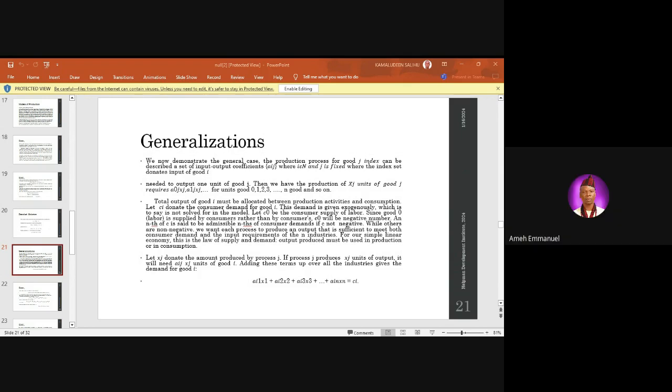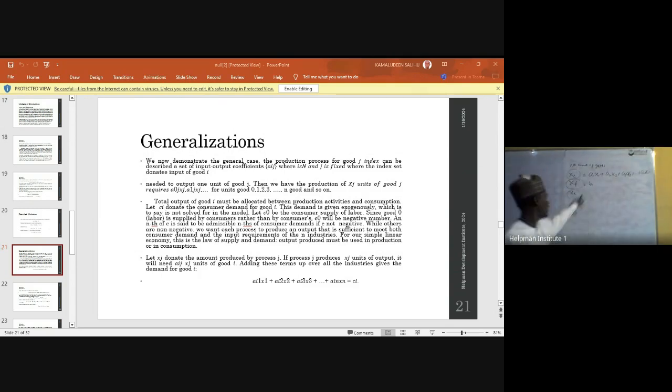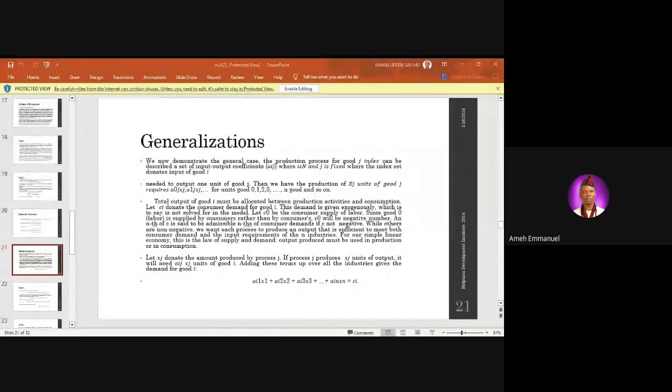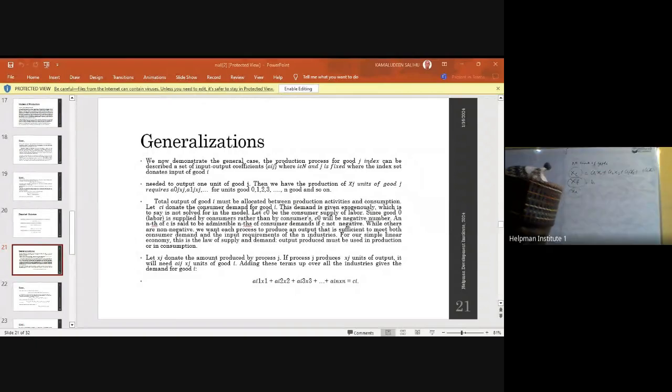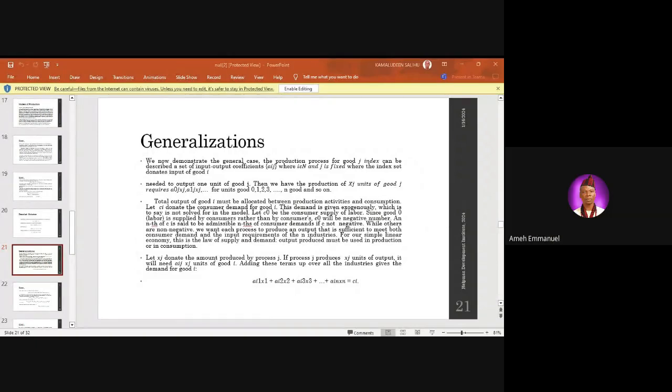Hello, Mala. Yes? I don't know if it's me, but I can't see the board that you are working on. Are you working on the board already? I'm just starting to show the generalization of what we have just done. Let me see if I can. Is it okay like this? The generalization slide that you were sharing before. I can't see this on the board.